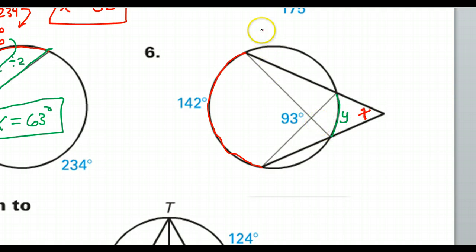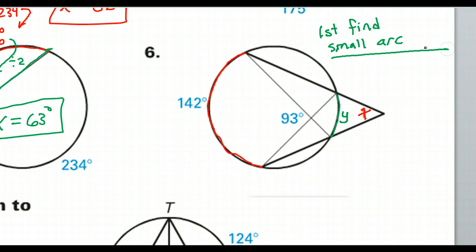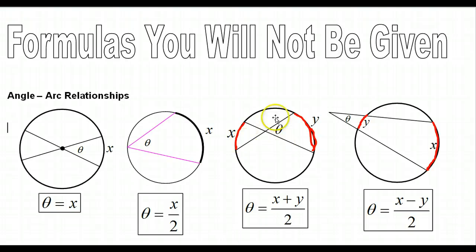Okay, so first find the small arc. All right, that's what I have to do first. So how do I do that? Once again, I'm going to use this situation. So angle equals arc plus arc divided by 2.